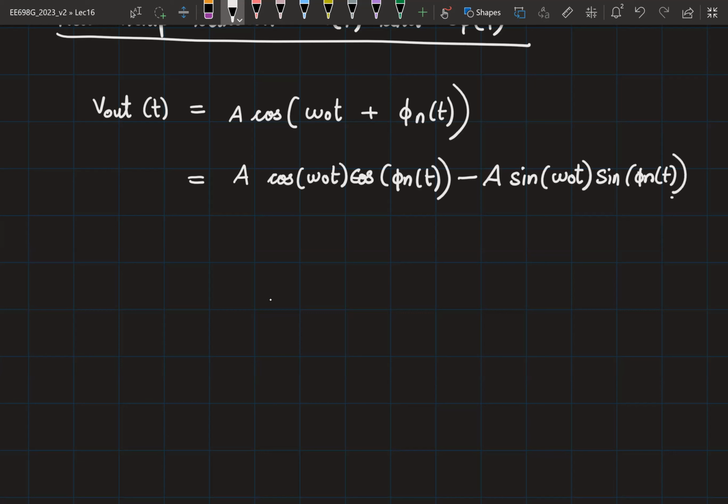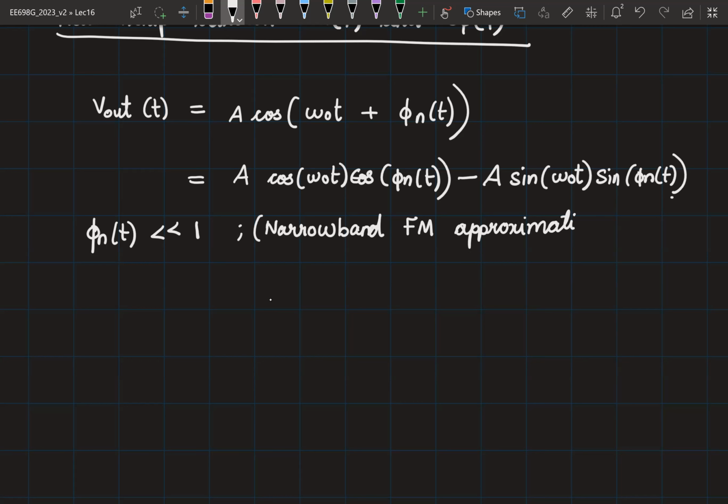Okay. So now we are going to make a reasonable assumption. We are going to say that phi n of t is much, much smaller than 1. Okay. Now this is called the narrowband FM approximation. So once I make this approximation, what change can I make in this equation?